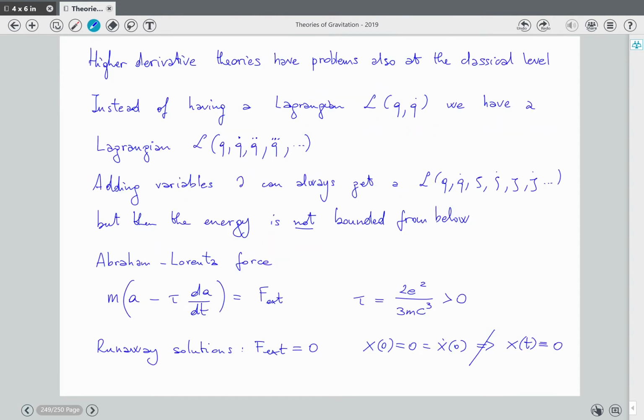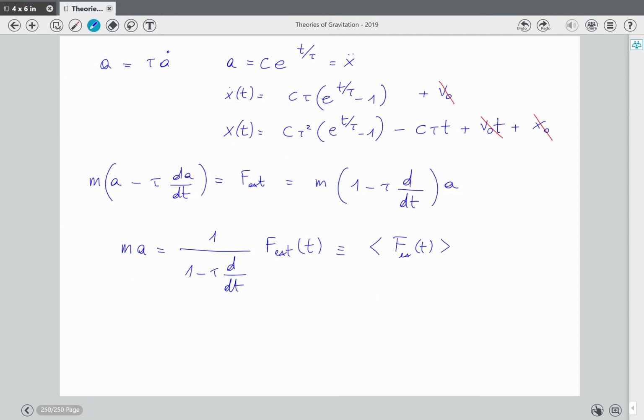Because tau, remember, is the electric charge, and you would like your theory of electrodynamics to describe something that recovers the limit of no electromagnetic interactions when you switch off the electric charge.